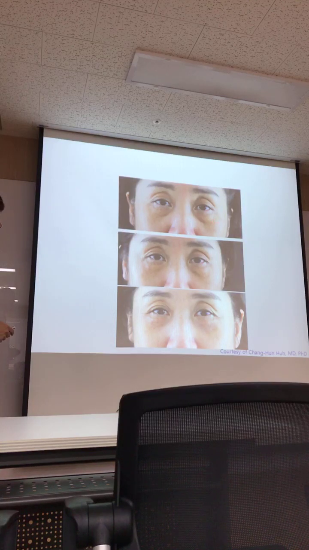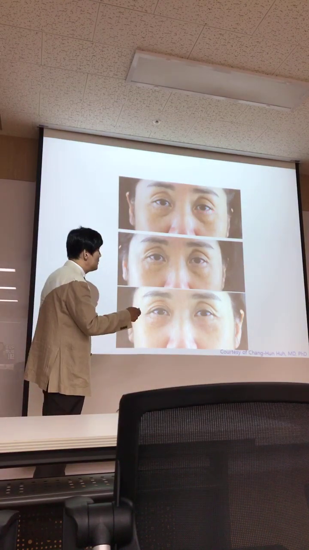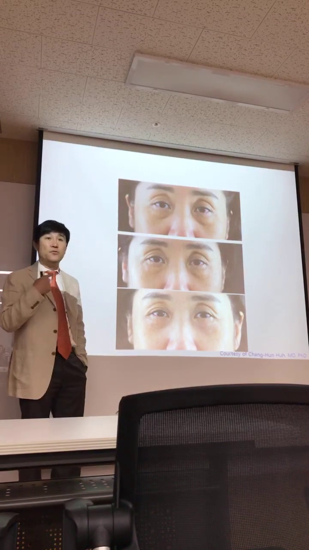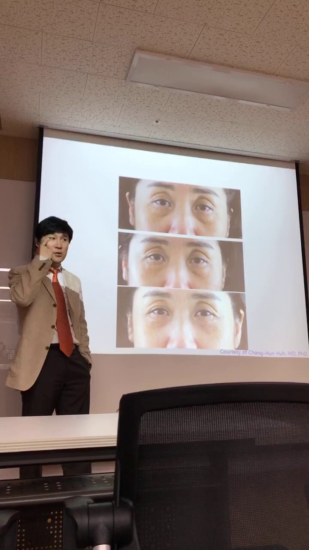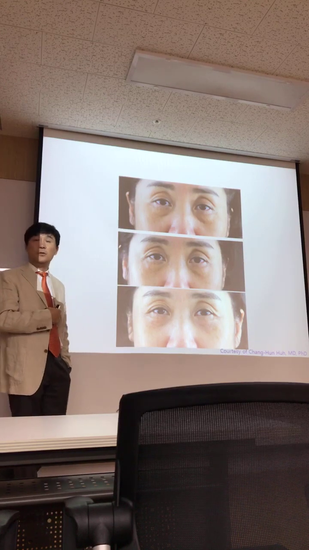These are photos before, after 1 session, after 2 sessions. Very natural looking, not like surgery. If you make an excision, take it out, and suture, we frequently make unnatural looking results like this. But this is very natural.